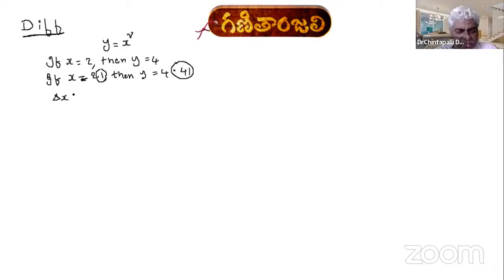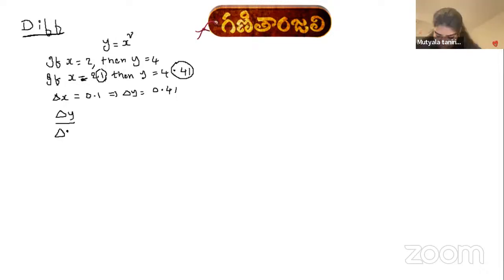Here delta x is equal to 0.1. Then delta y is equal to 0.41. Now, can you tell what's the ratio of delta y by delta x?